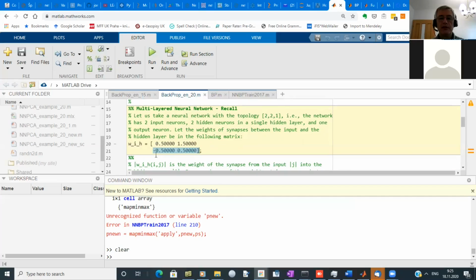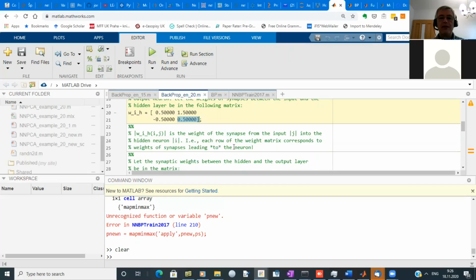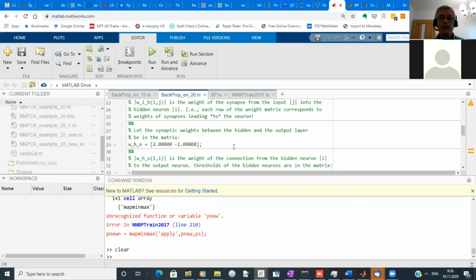The first one is the weight from the first input, -1/2, and +1/2 is the weight from the second input neuron. The network will have one output neuron. So for the output neuron, we also have weights between hidden and output layer, and the values are 2 and -1.